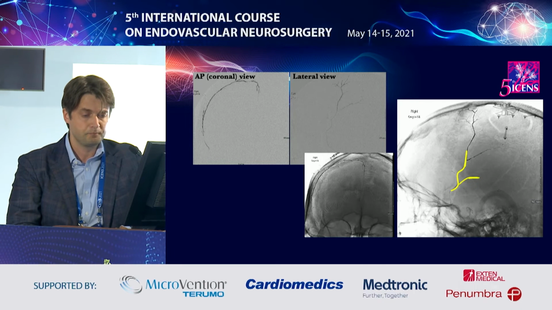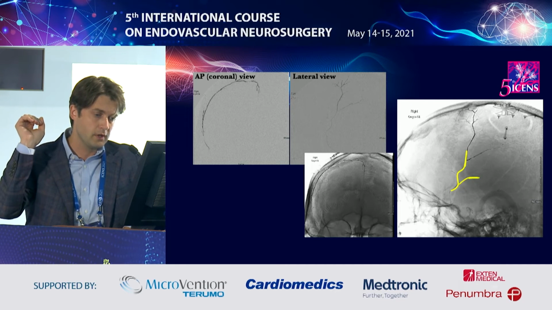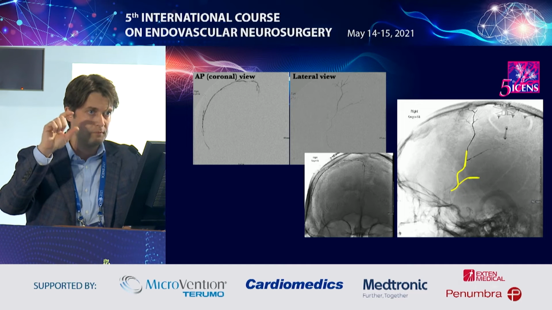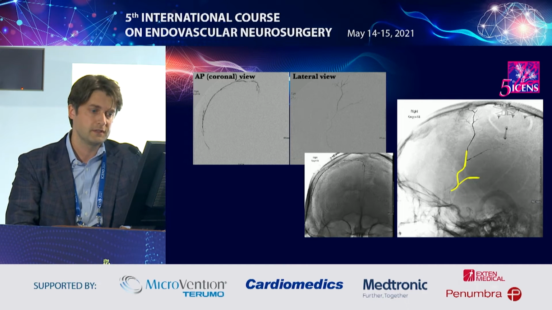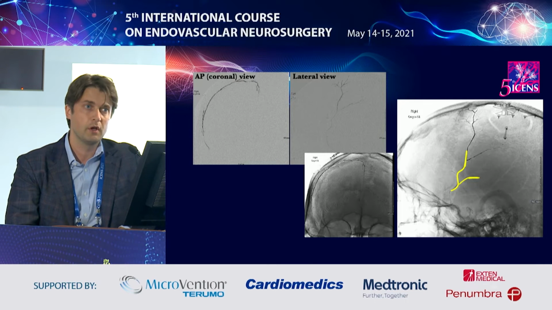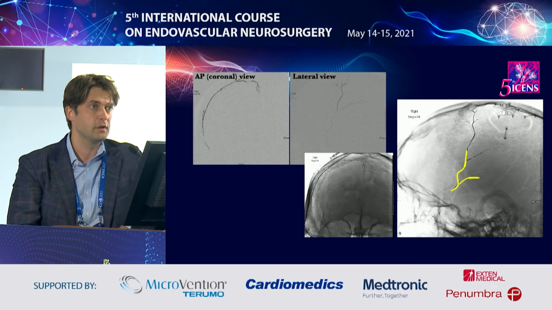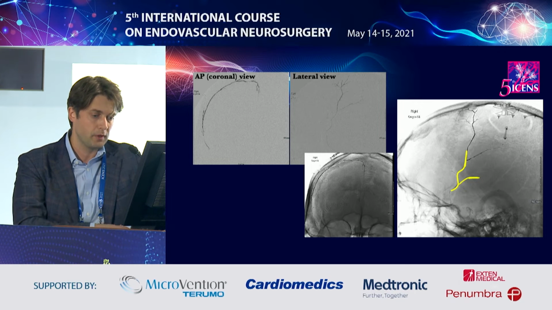And I said that we cannot occlude the proximal branches of meningeal arteries. And if we do not occlude the distal part and the connection with the channels of neoangiogenesis, we won't get any results.